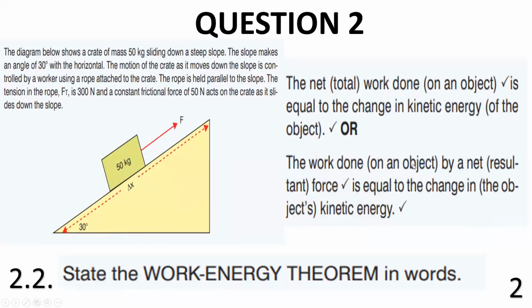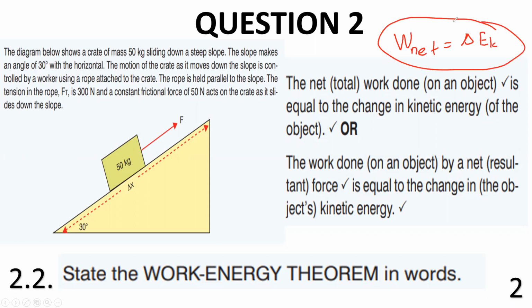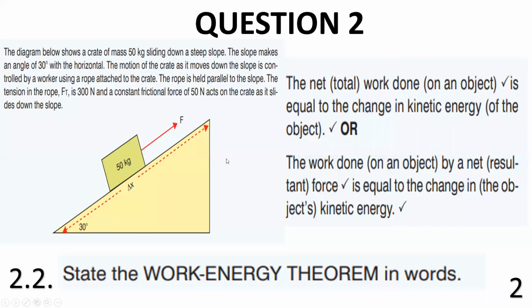So what is that? Work net equals delta EK. This is our formula for the work energy theorem. All right, this question 2.2 comes with 2 marks, and definitions always come.